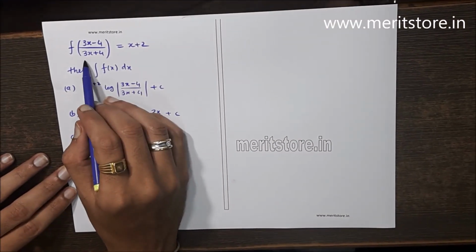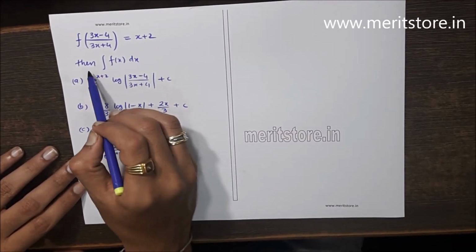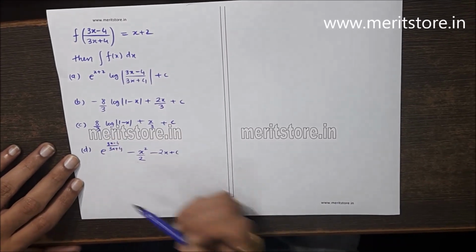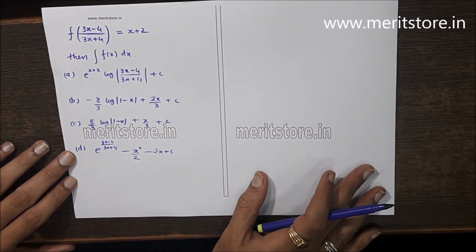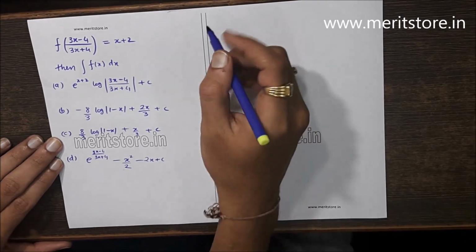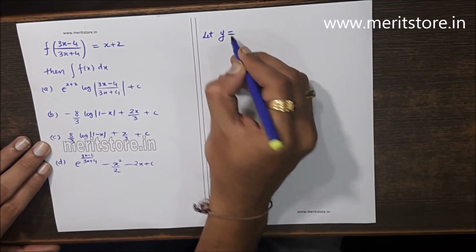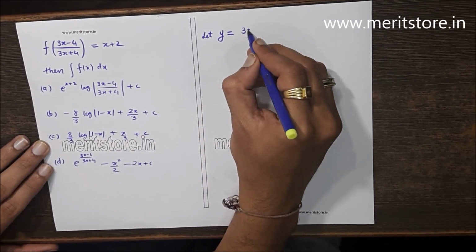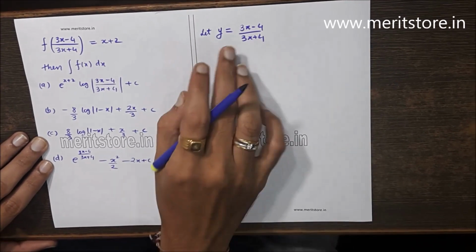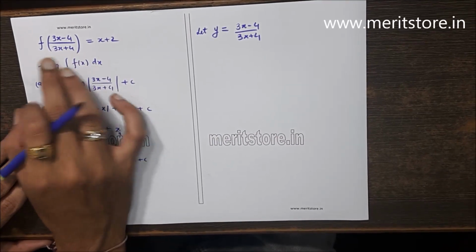F of 3x minus 4 upon 3x plus 4 is equal to x plus 2. The question is about integral of f of x, and the options are as follows. Now, what we do in this is, we say let y equal 3x minus 4 upon 3x plus 4. This term is where I'm trying to solve this function.